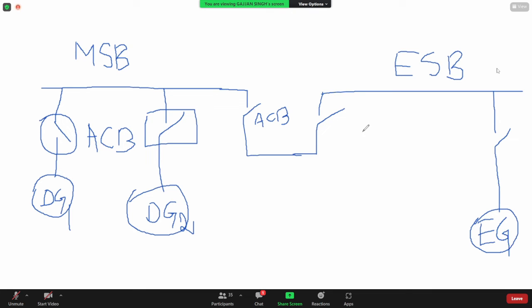Okay, all essential services go through molded case circuit breakers: sprinkler, lights, one steering motor, bridge equipment, like that. Essential services.